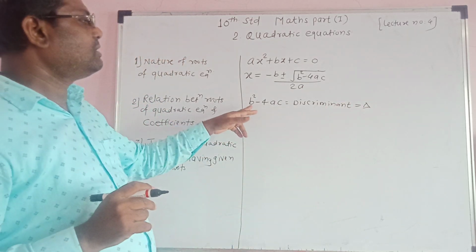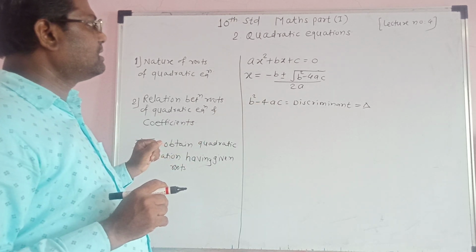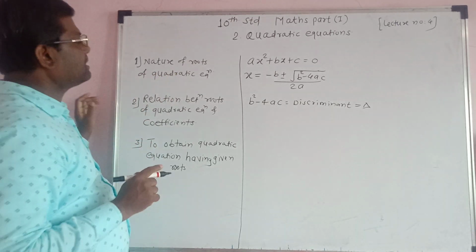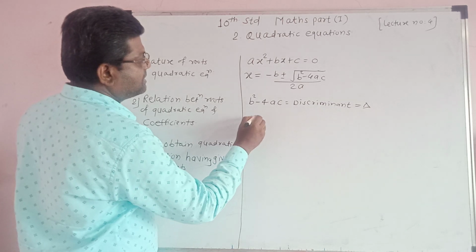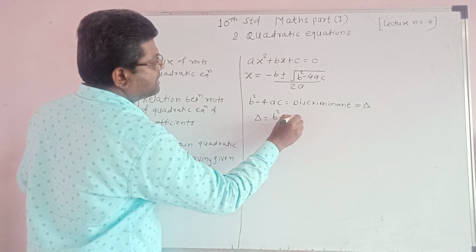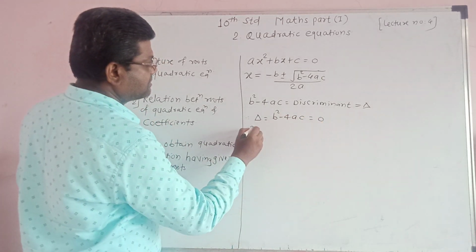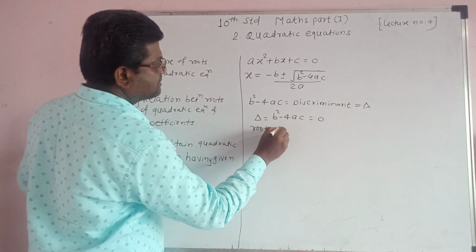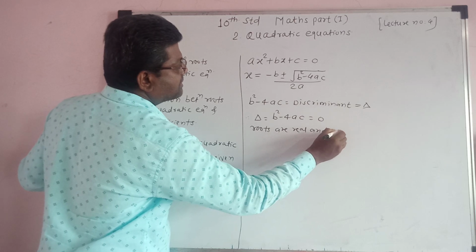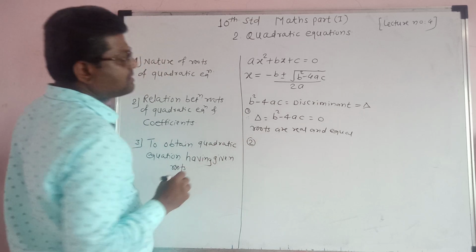Depending upon the value of the discriminant, b² - 4ac, we can decide the nature of roots of a quadratic equation. If delta = b² - 4ac = 0, then roots are real and equal.